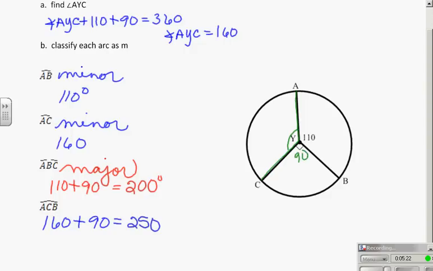Well, all the way around, this one is 90, and so AYC plus 110 plus 90 is equal to 360. Do our subtraction, and that makes this angle here 160.